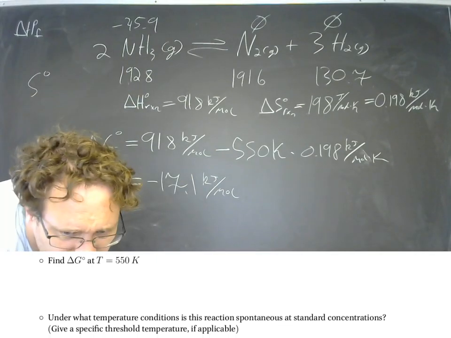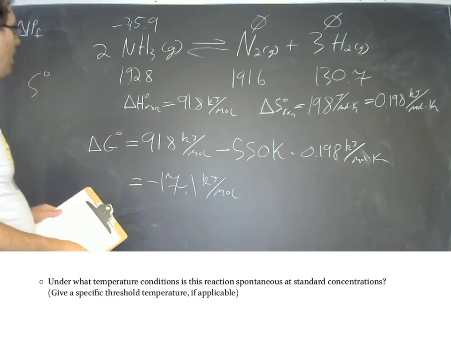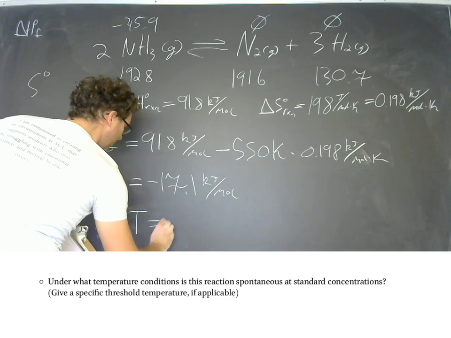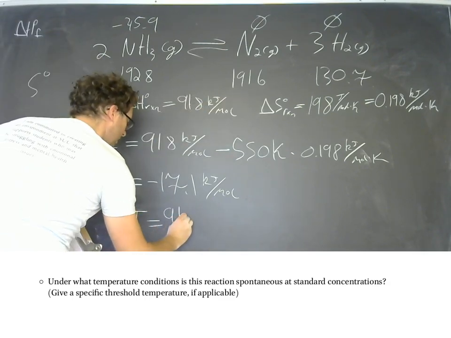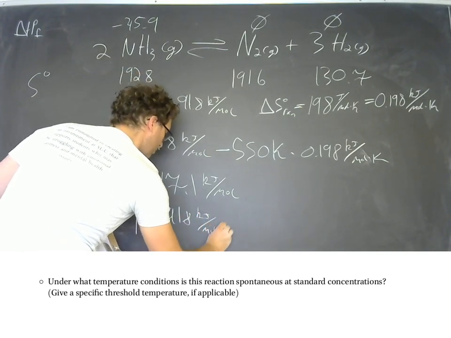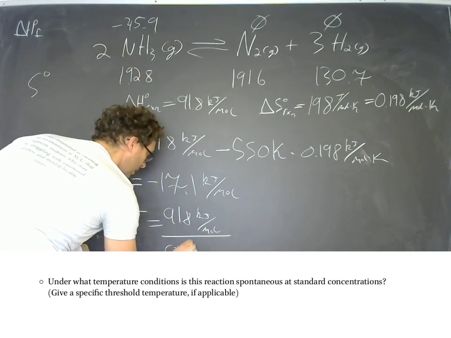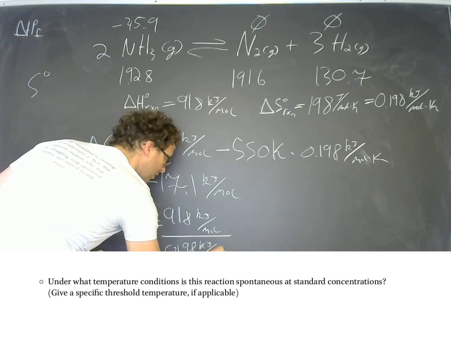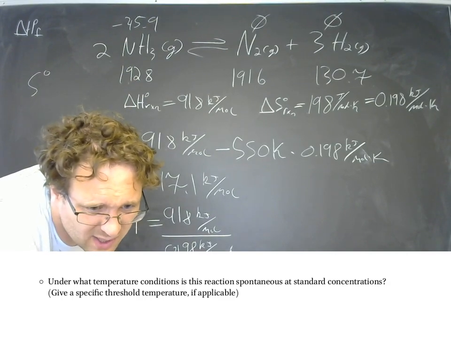And then let's find the conditions where it will be spontaneous. Well, I know that my temperature threshold is going to be delta H over delta S. 91.8 kilojoules per mole over 0.198 kilojoules per mole Kelvin.